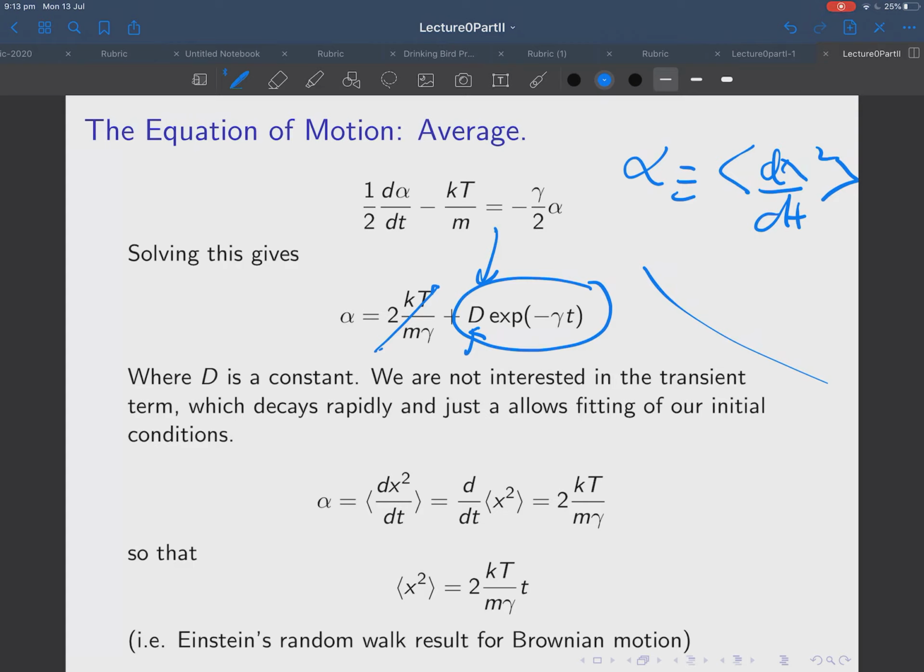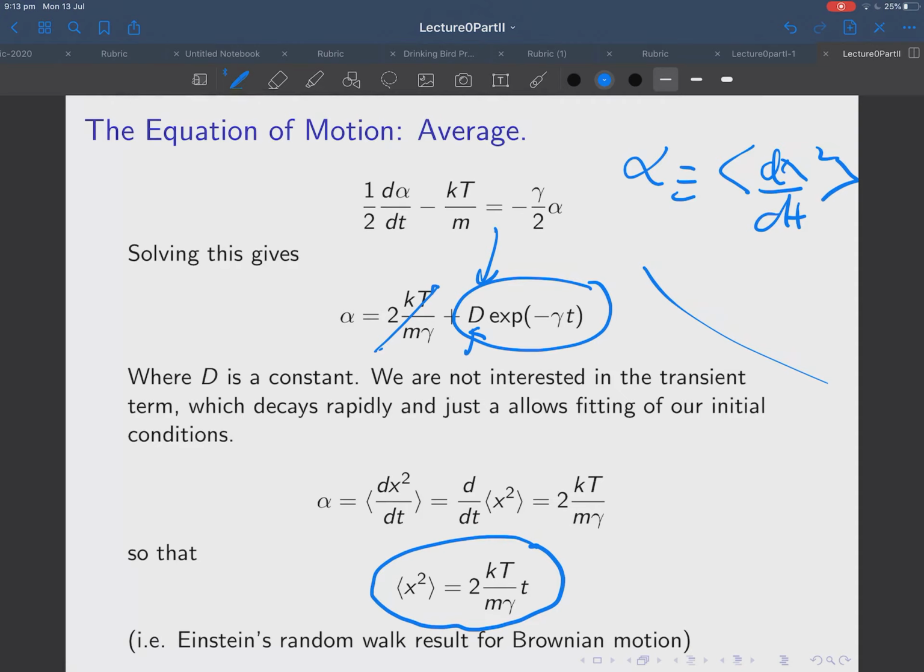That's the definition of it, which is d dt of x squared. Okay, which is going to be 2kT on m gamma. Okay, and so what we end up with is x squared is equal to 2kT on m gamma times t. Okay, so we just integrate this, and we end up with that particular equation.